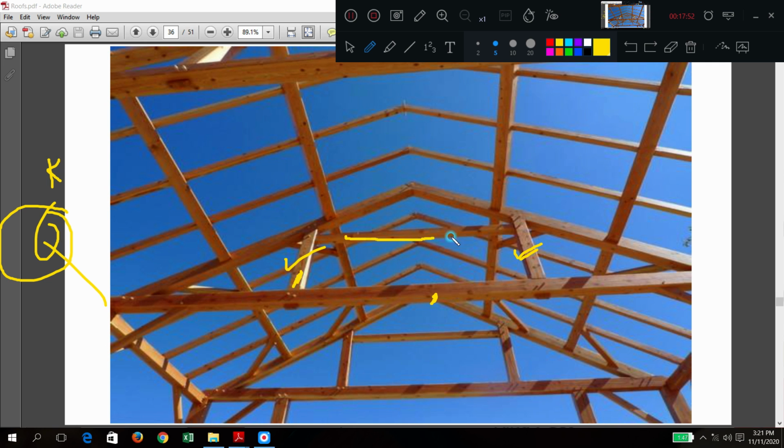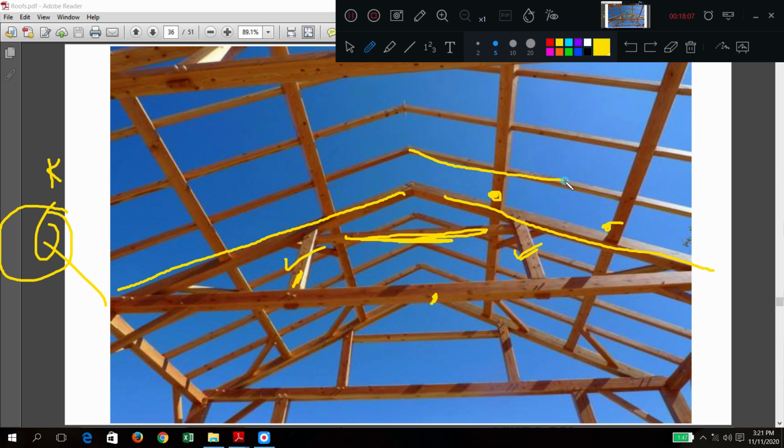This is a straining beam. These are the principal rafters. This is the purlin. And what are these? These are the common rafters. Is that okay? Yes. You can move ahead.